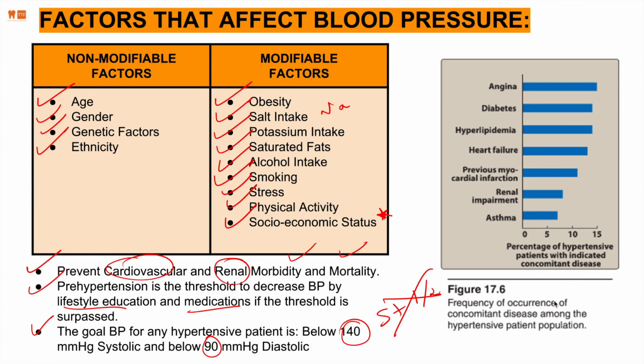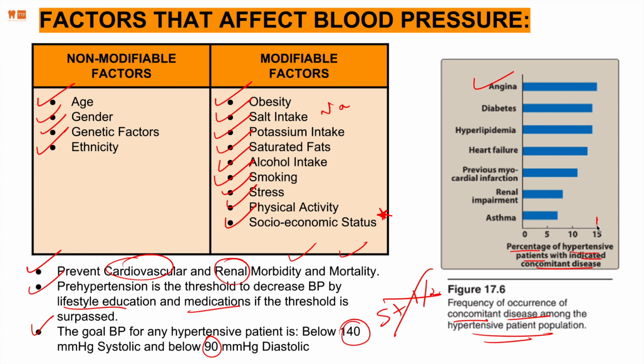Now, remember when we said that there were some concomitant diseases with hypertension patients? Well, these are the diseases, and the blue line dictates what percentage of hypertensive patients have these diseases. So it lets us know which is the most prominent, right? For example, angina, MI and angina. That has a lot to do with hypertension.